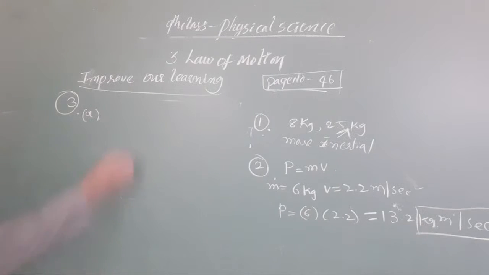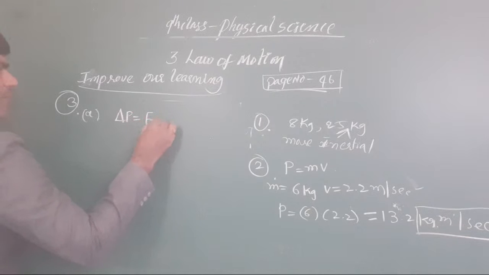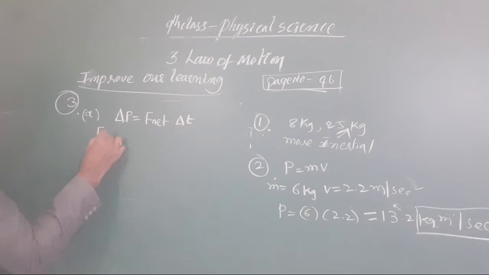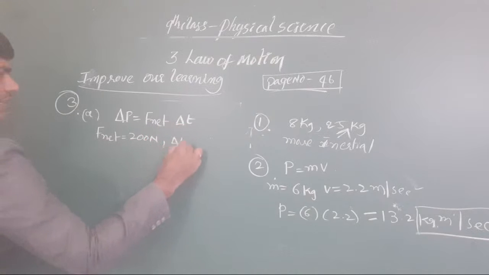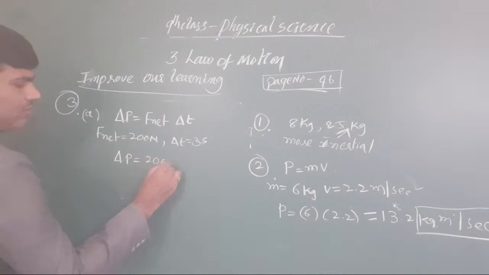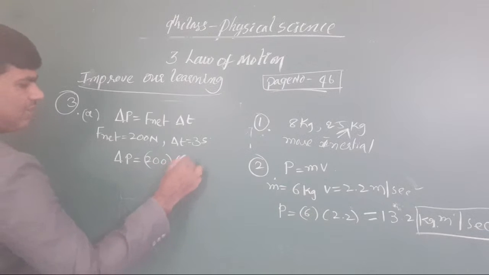You know very well, impulse, that is the change of momentum, is equal to F net into delta t. Here F net is 200 newtons and delta t is 3 seconds. Clear or not, all the students? So delta P, the change of momentum, is 200 into 3, that is 600 newton seconds.